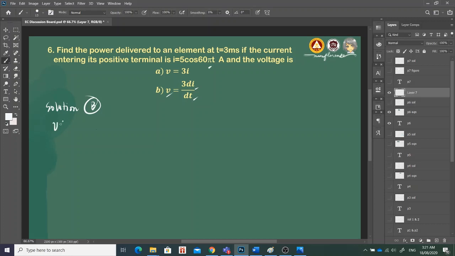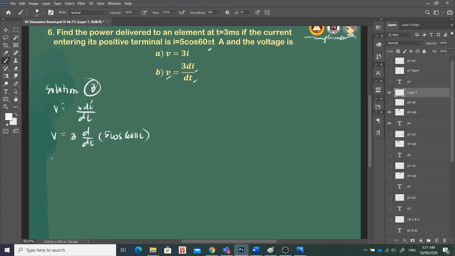So V is equal to 3 di over dt, and given naman yung equation ng current, 5 cosine 60 pi t. 3 constant, 5 constant ulit, derivative ng cosine.